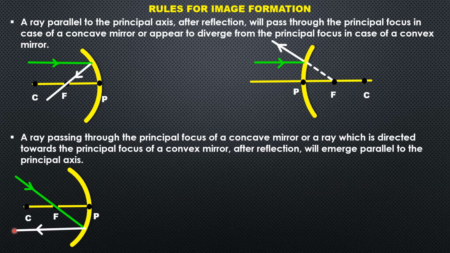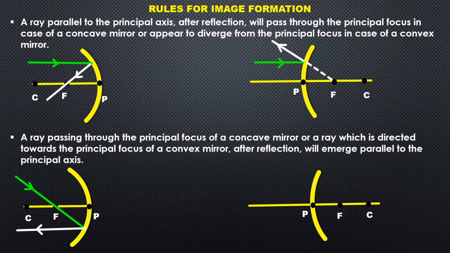In case of a concave mirror, it is very important to draw the arrows in a ray diagram so that you know the direction of light. So initially the light ray passes through the focus, and after reflection it becomes parallel to the principal axis. Now for a convex mirror, again we draw the principal axis, pole, focus and center of curvature.